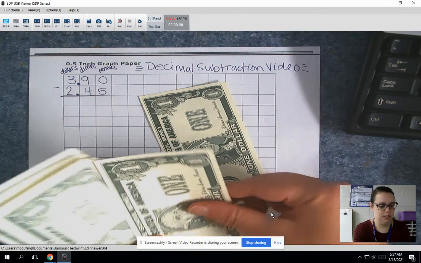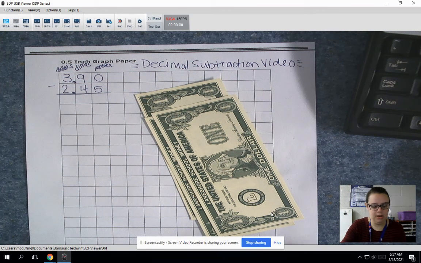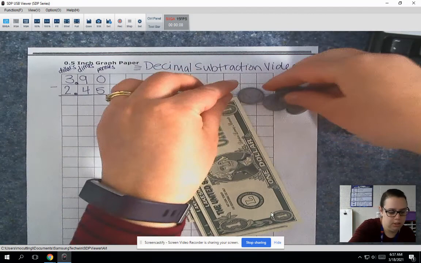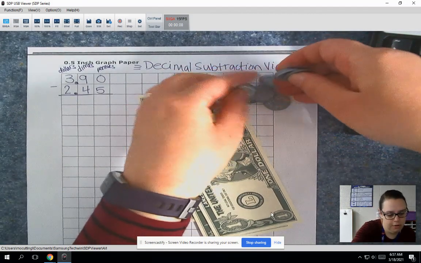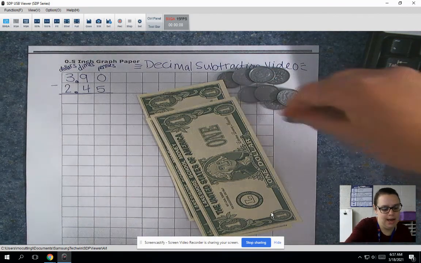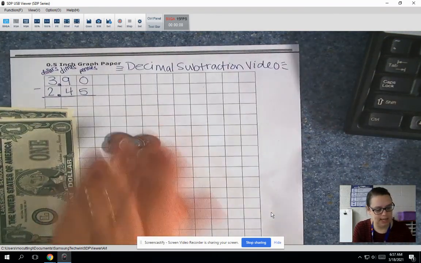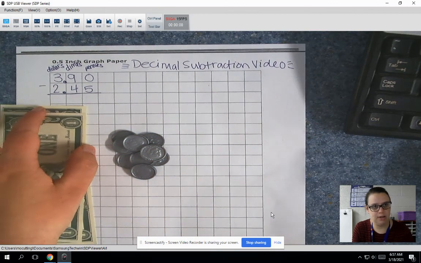So $1, $2, $3, 9 dimes and nothing, no pennies. 1, 2, 3, 4, 5, 6, 7, 8, 9. All right, so I have my $3.90, and I'm subtracting $2.45.